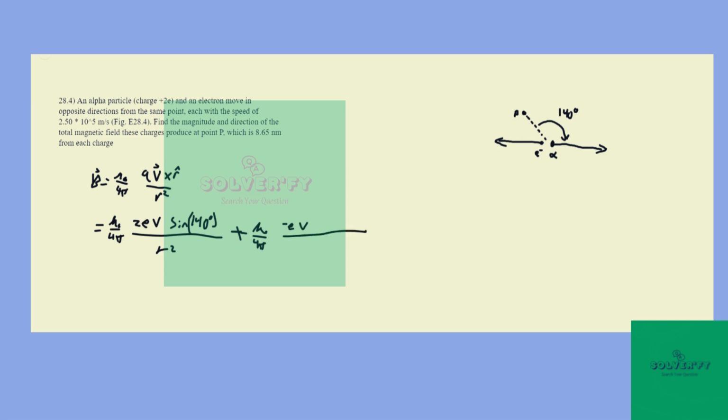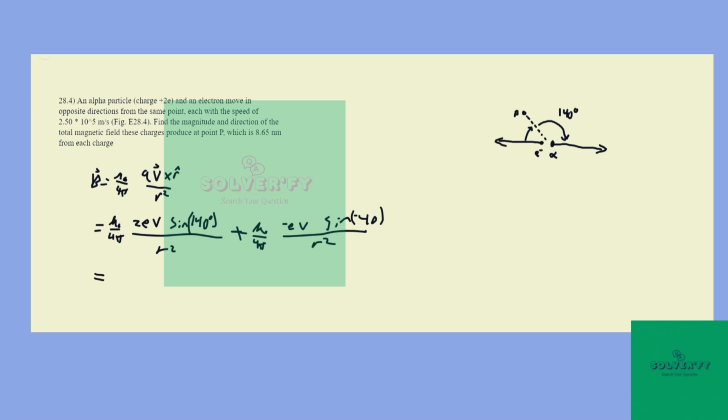And then this time the angle between them, if this is our positive direction going clockwise, then going from vector r to vector V, it's going to be negative 40 degrees, because that is equivalent to taking vector V from vector r and going counterclockwise 360 degrees minus that 40 degrees that's remaining. So that's why we have sine of negative 40 degrees, and that's over r squared.